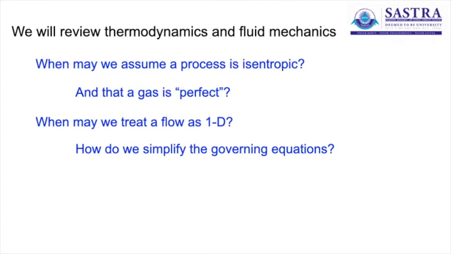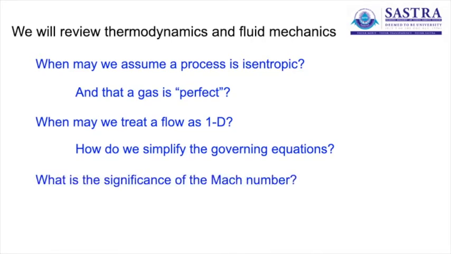Also, there is a parameter which we may have simply defined in a first fluid mechanics course, the Mach number. We are going to see that the Mach number is as important in compressible flow as the Reynolds number is in incompressible flow.